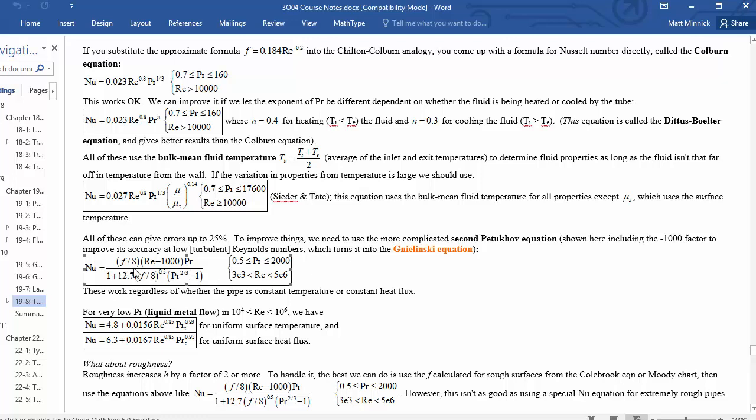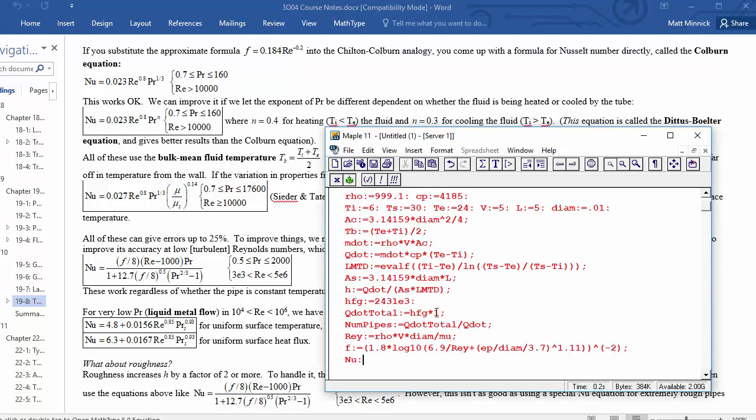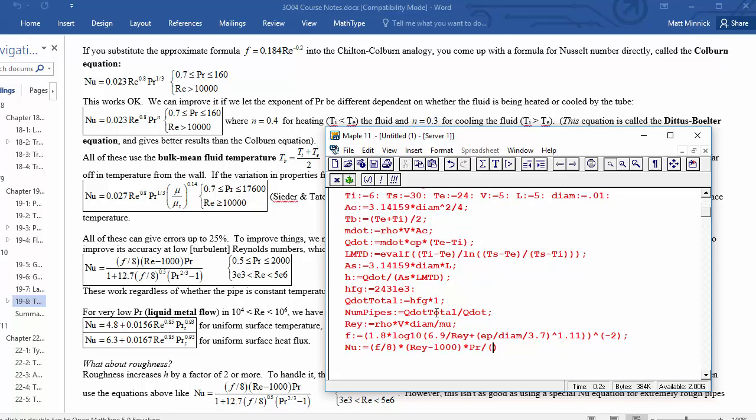So we figure this out. We'd use this Gnielinski equation to figure out the Nusselt number, and then that will tell us what the convection coefficient is. So we'll figure out the Nusselt number from the Gnielinski equation: f over 8 times Reynolds number minus 1,000 times the Prandtl number, divided by 1 plus 12.7 times f over 8 to the power of 0.5 times the Prandtl number to the power of 2 over 3 minus 1.